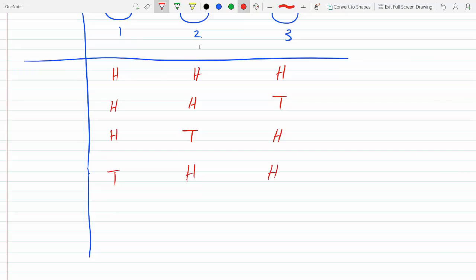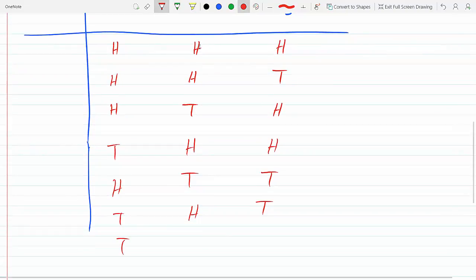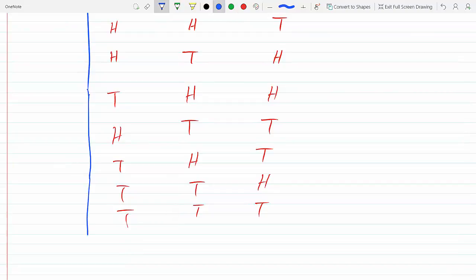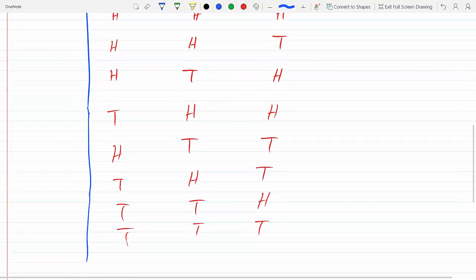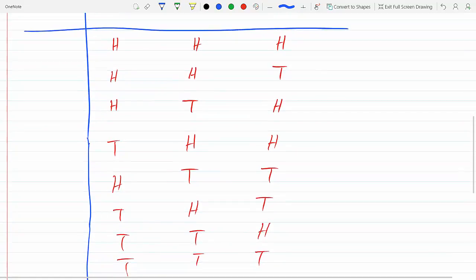I could get head, tail, tail. I could get tail, head, tail, tail, tail, head, and they all could be tails. Tail, tail, tail. Okay, so these are all the possibilities, all the outcomes that I can see in the various ways of flipping these coins.